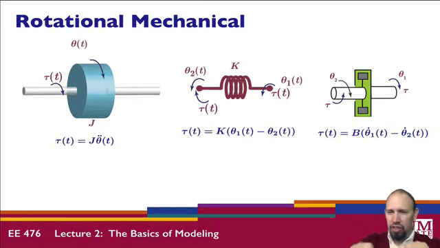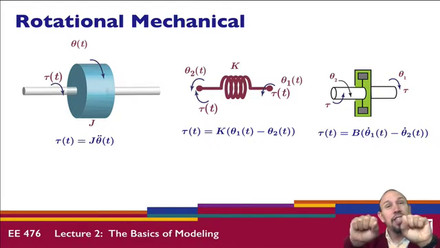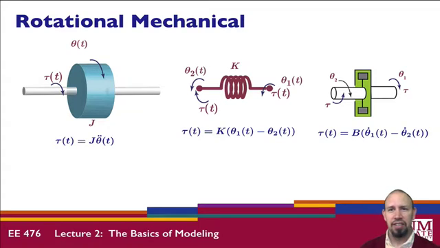So if you have a spring that twists, then the torque is proportional to the twist. Similarly, for a damper, the torque is proportional to the difference in the speeds between the two sides. So we have rotational mechanical systems with those characteristics.